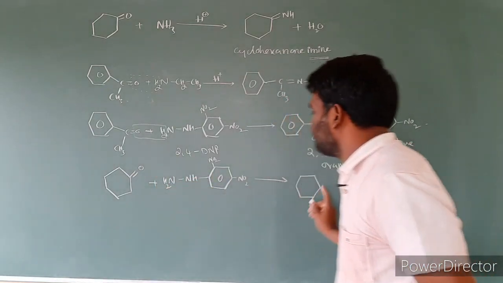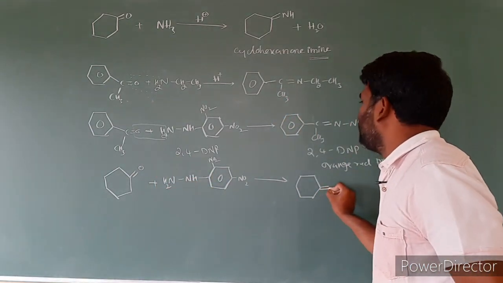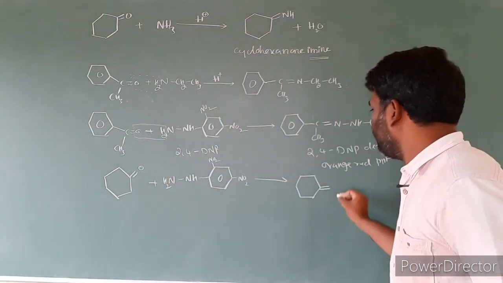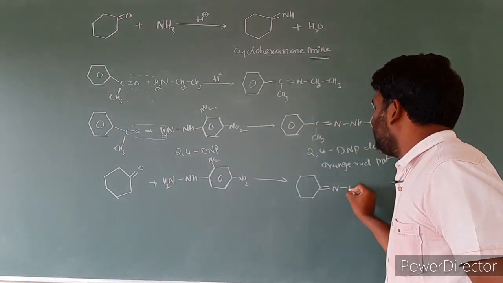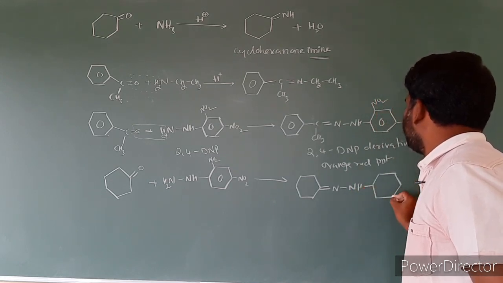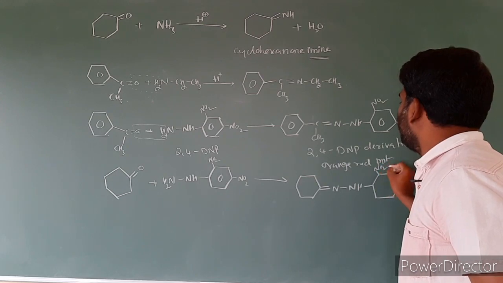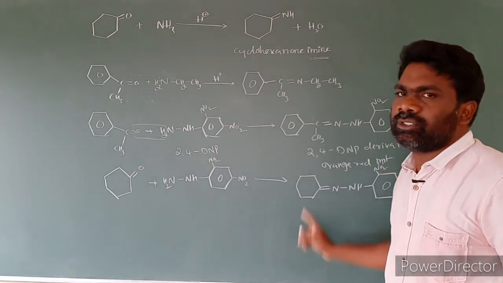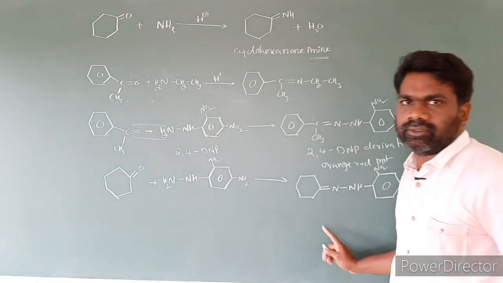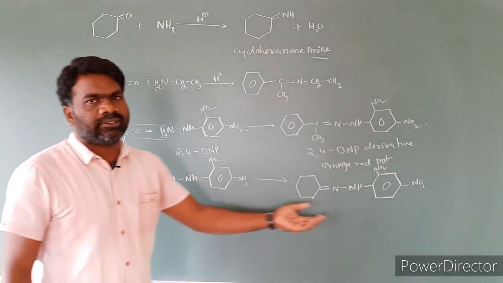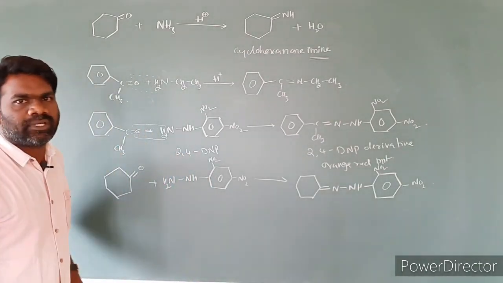I am writing this one like this: double bond, and this oxygen and these two hydrogens are eliminated in the form of water. Then NH, NO2 group, here is the NO2 group. So this is also a 2,4-DNP derivative. As I already said, ketones and aldehydes give this test. This is also the 2,4-DNP test.